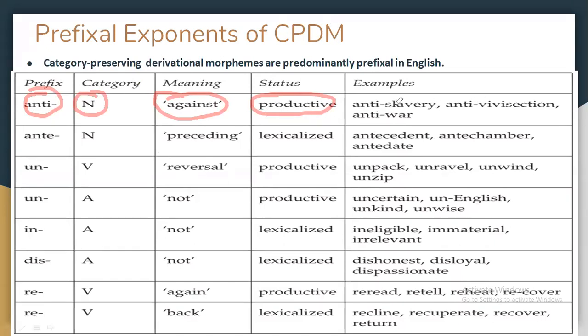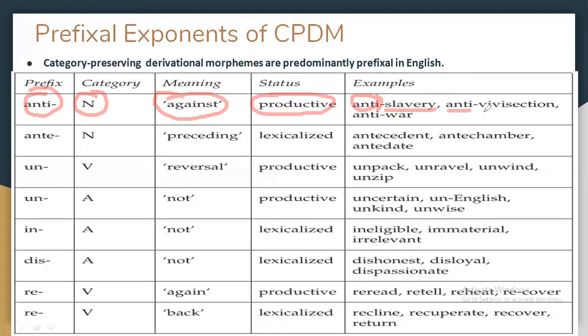See, anti, slavery. You can see slavery, and this prefix. What? Anti-slavery. Slavery is also a noun, right? And anti-slavery is also a noun. No category change. The meaning changes.